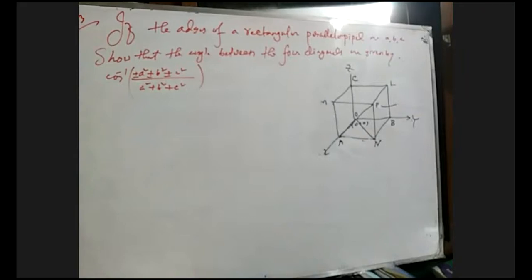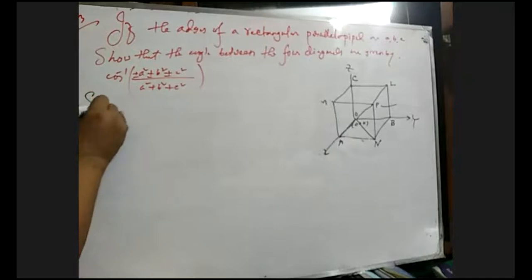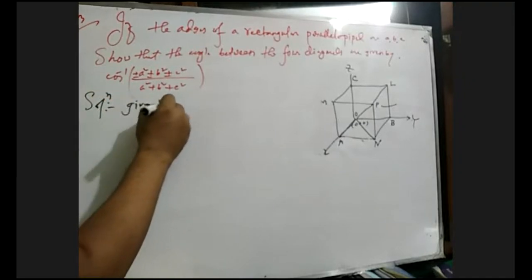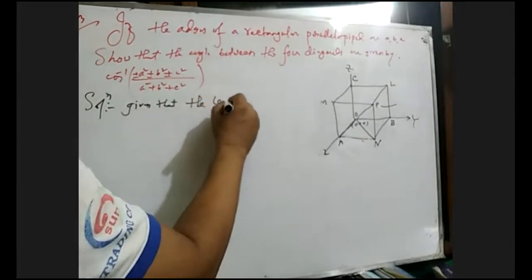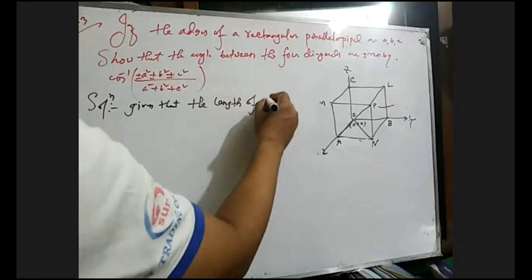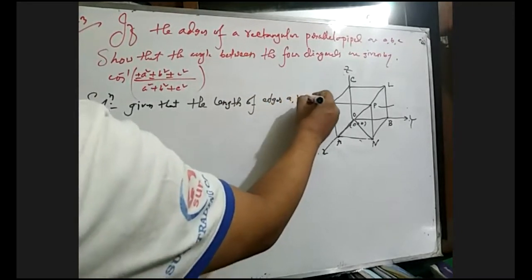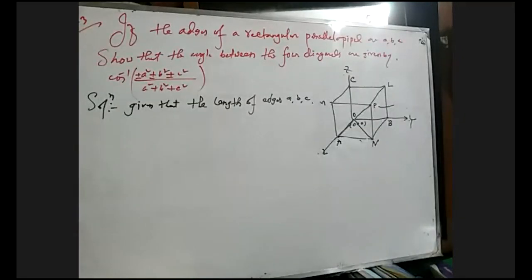Given that the length of the edges: length equals a, breadth equals b, and height equals c.